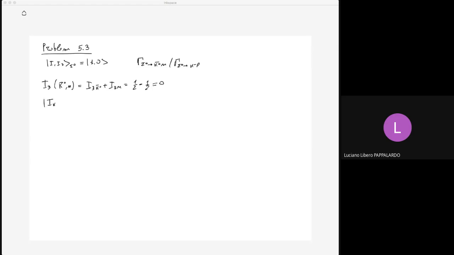And the total isospin, K0 bar plus neutron, so this is 1/2 minus 1/2, one half plus 1/2. And so overall, we have two possibilities.